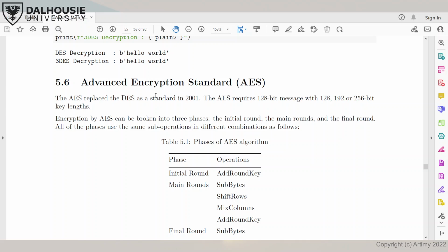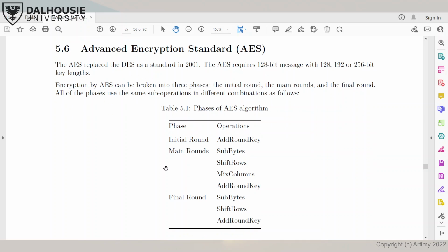The AES has the same concept of rounds, with a slightly different approach, obviously.